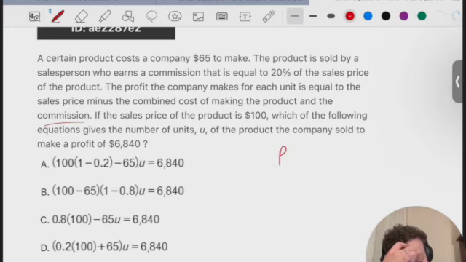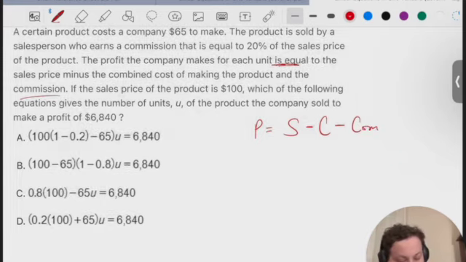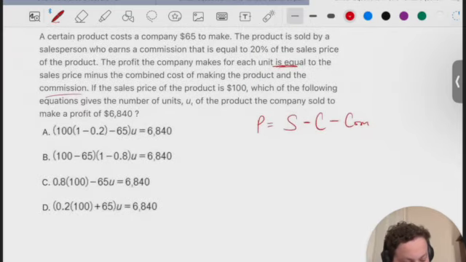So profit, it tells us, is equal to sales price minus cost minus commission. I'll call it com, right? So this person is going to sell 100 of, for each one they sell, you make that much.